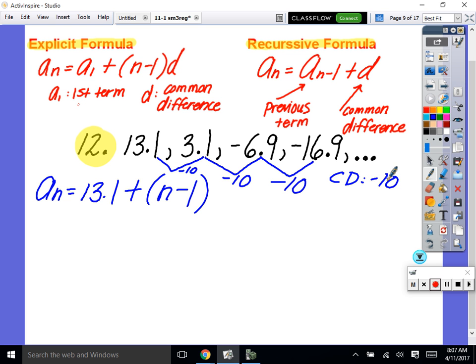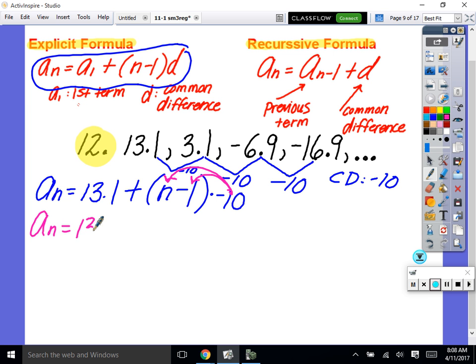Here we go. Let's plug it in. Oh, times by negative 10. There's the formula that we just used. And now let's just simplify the formula. Times negative 10 in. So we have a sub n will be equal to 13.1 plus negative 10n plus 10, correct?